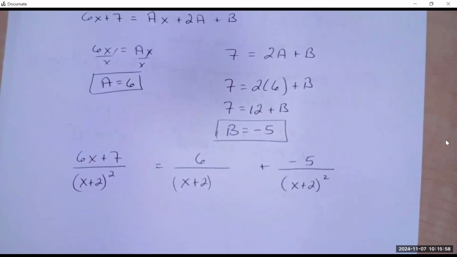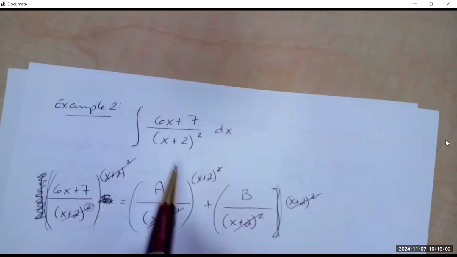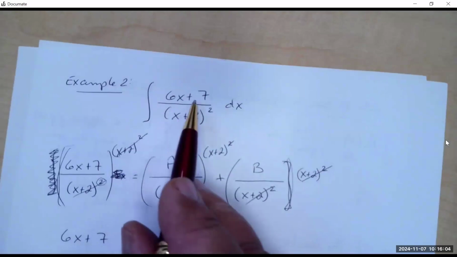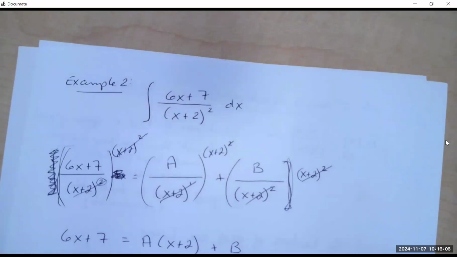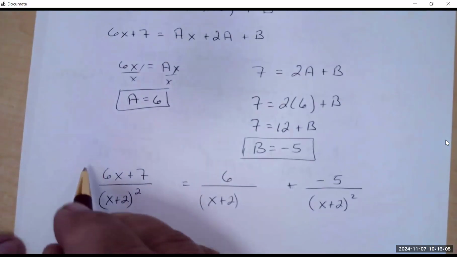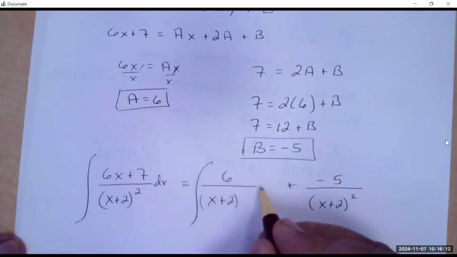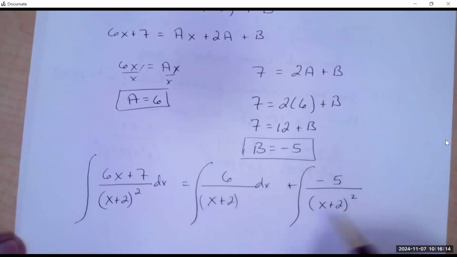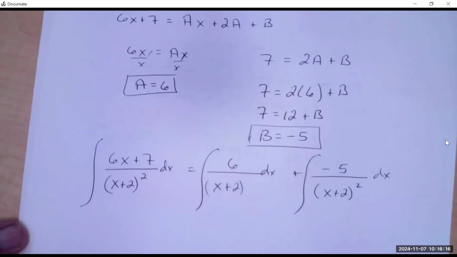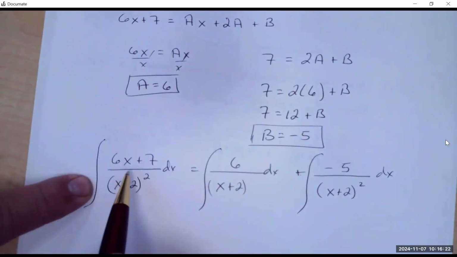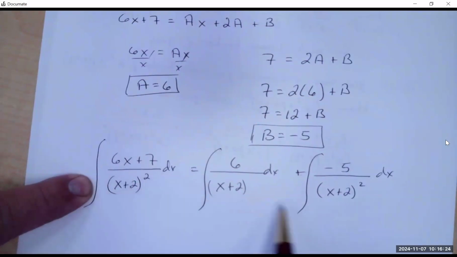Because what are we trying to do here? What is the ultimate goal? We're trying to integrate this polynomial here. So the integration of that side is equal to the integration of these partial fractions. In other words, we don't have to do the left side, because it's going to equal this.